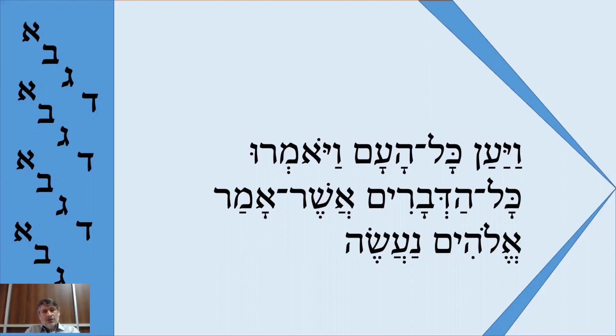So if we have only 2 consonants, it means that 1 consonant is missing and we need to provide it. The verb ana, very well. Ana means to answer.